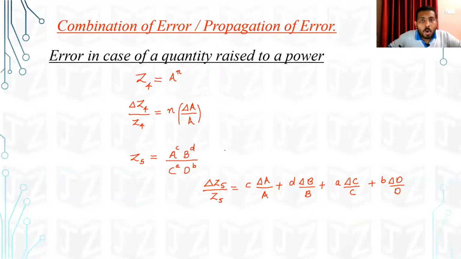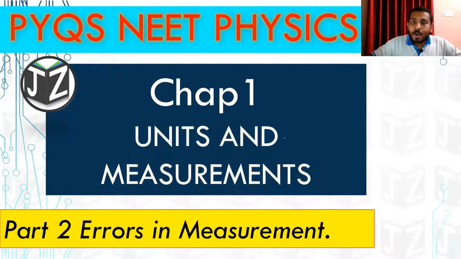So, I hope you have understood how the errors propagate in all the different operations. To find the percentage error, we can multiply all the terms by 100 and we get the percentage error in the quantities. So I hope you have understood the theory well.